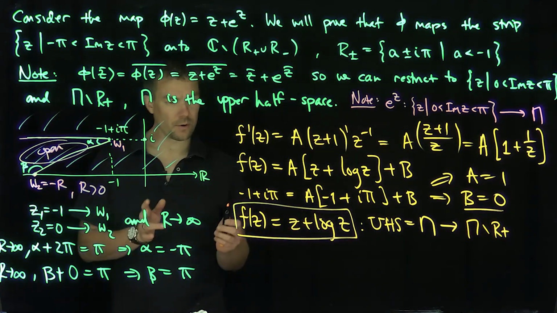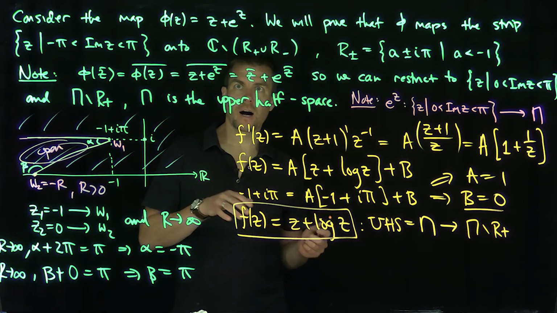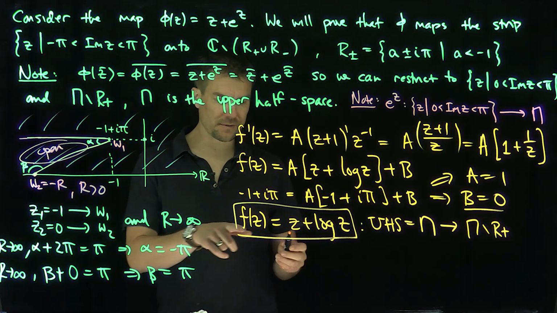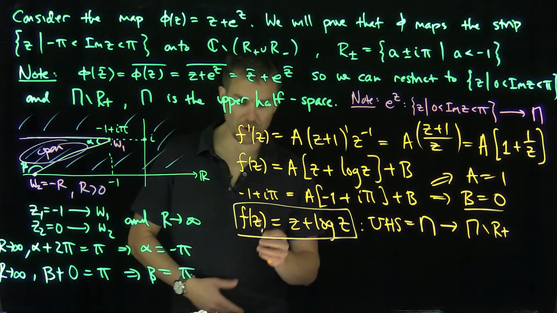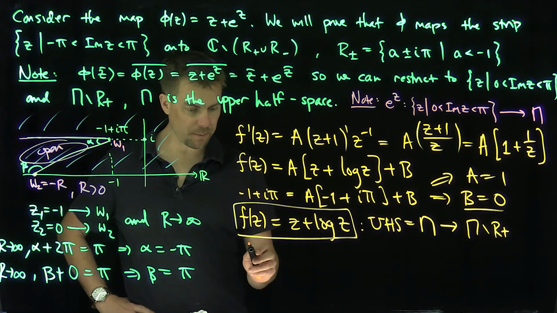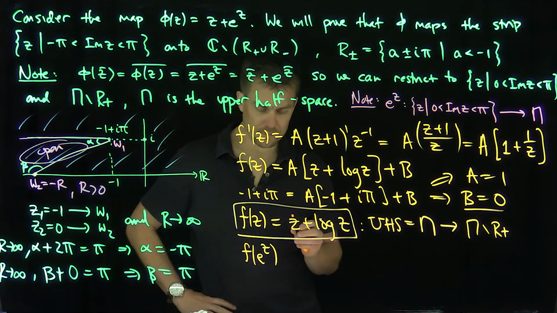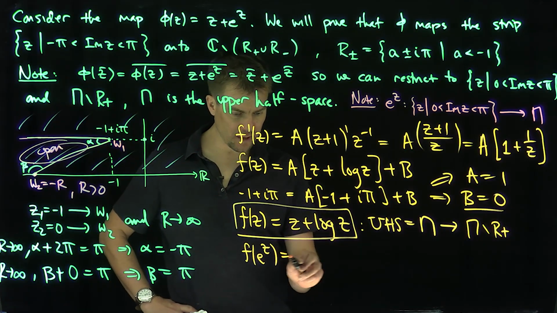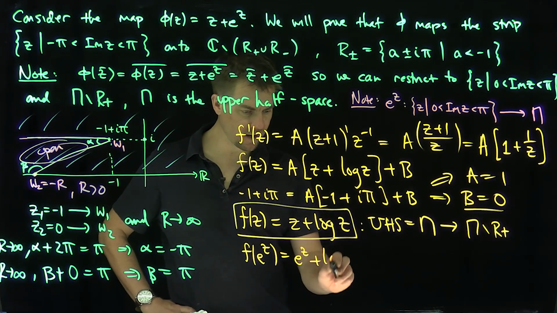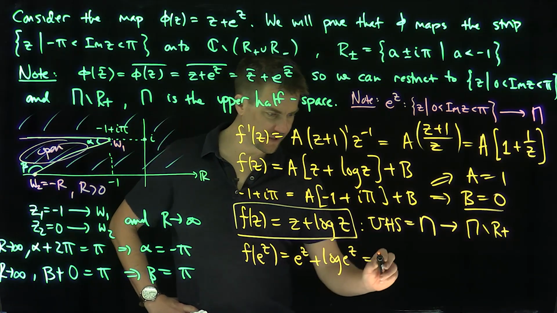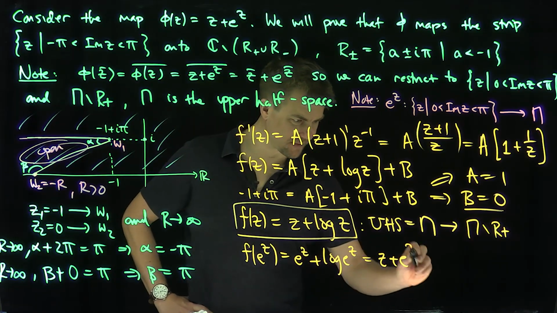And so now what can I do? Let me plug into this function e to the z. So what will f of e to the z be? f of e to the z is going to be e to the z plus the log of e to the z, which is z plus e to the z.